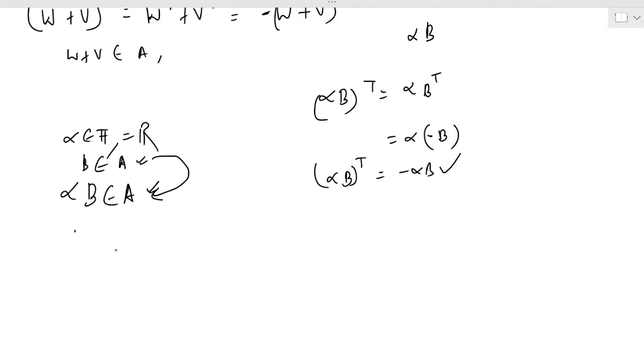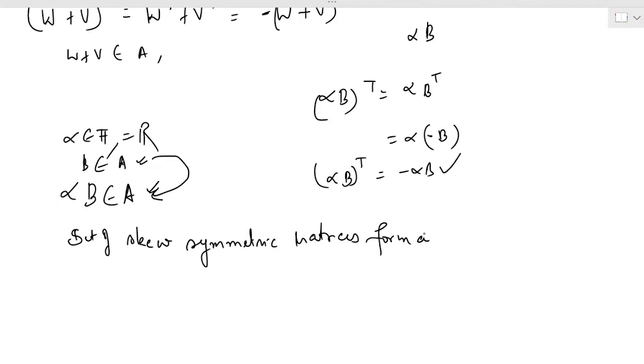Therefore, both conditions validate, and clearly the set of skew symmetric matrices forms a subspace. I hope it is clear.